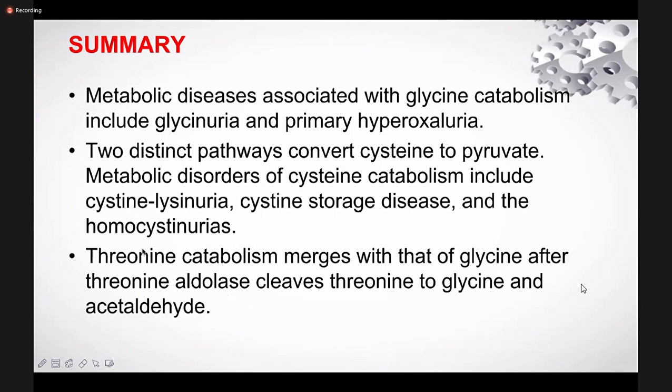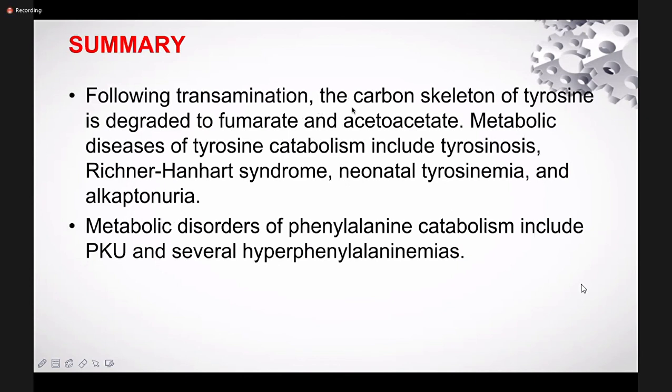Threonine catabolism merges with that of glycine after threonine aldolase cleaves threonine to glycine and acetaldehyde. So threonine is broken down first to glycine, and the glycine goes through its own catabolism to acetaldehyde, which also progresses to another pathway.